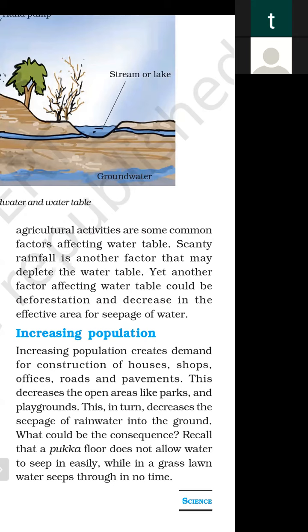While in a grass lawn, water seeps through in no time. Water on a grass lawn is absorbed by the soil very quickly, and if that water is on a pakka floor, it does not seep easily into the soil.